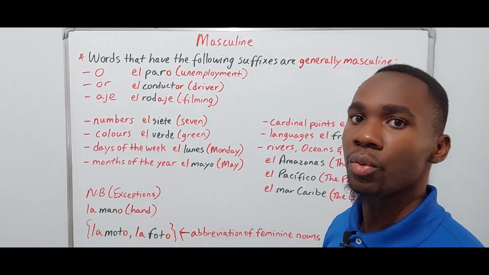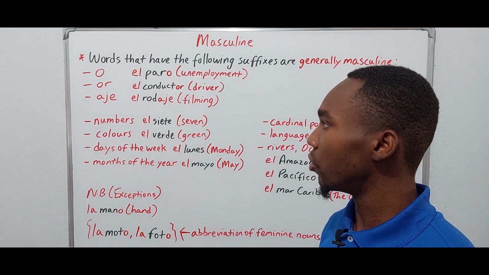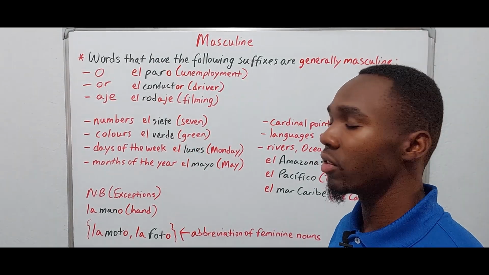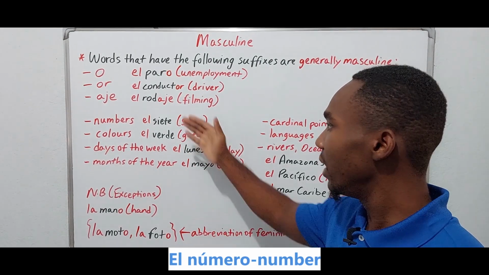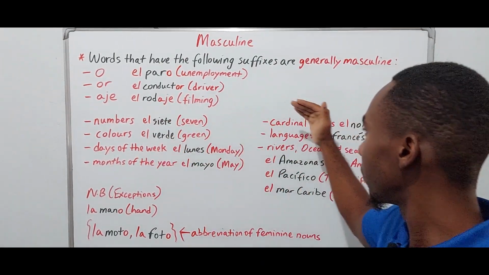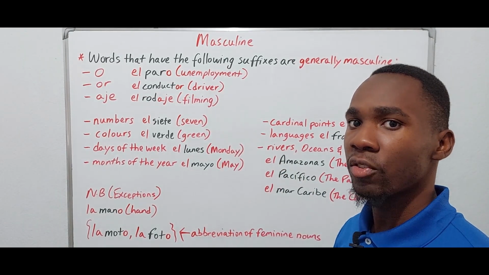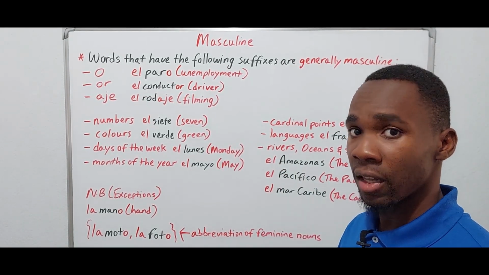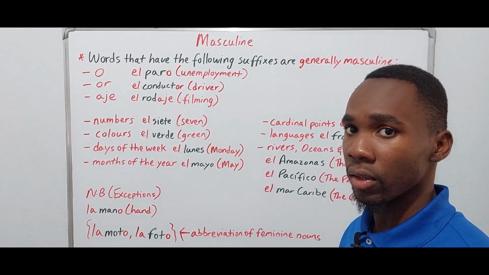So words that generally have these suffixes are going to be masculine, right? But there are also other words that are going to be masculine, okay? Numbers. And why numbers? Because the word for number in Spanish is el número, right? So these that I have highlighted here underneath the suffixes, these are going to be masculine because the word itself is masculine, right? The word in Spanish is masculine, okay?